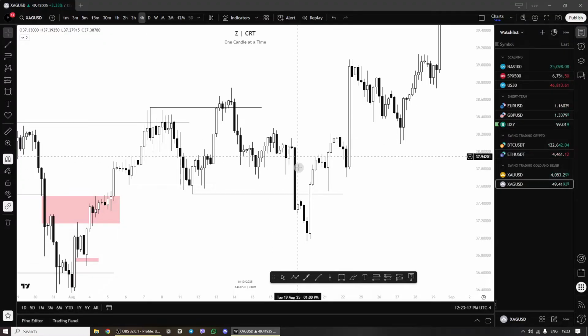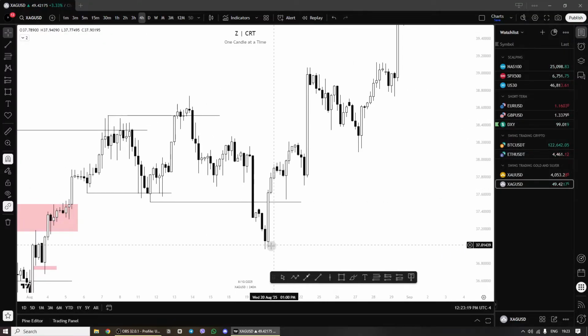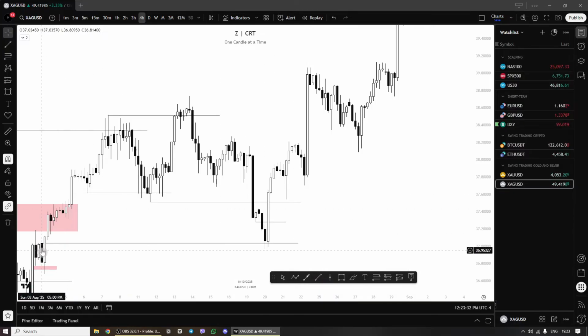So what happened? We came down, and once we flipped the high that took this low here into OB, also weekly open, what happened?